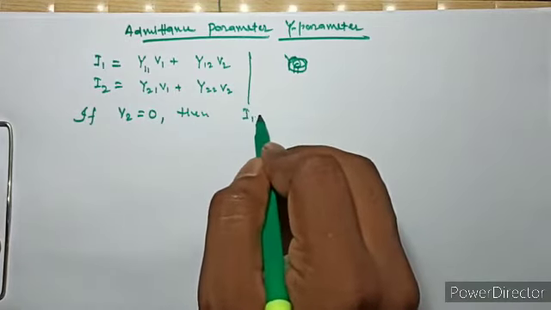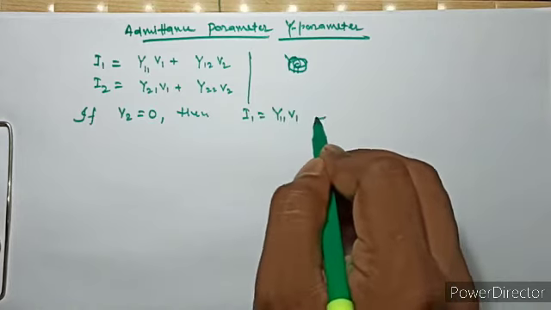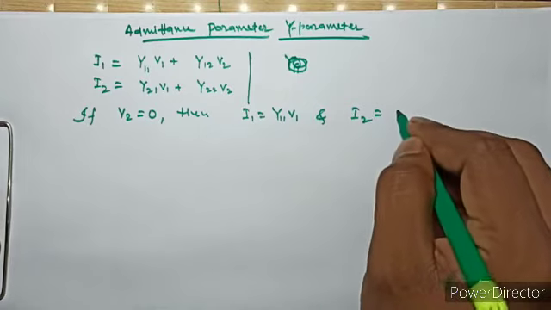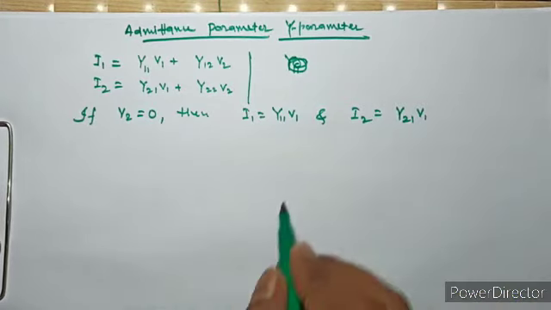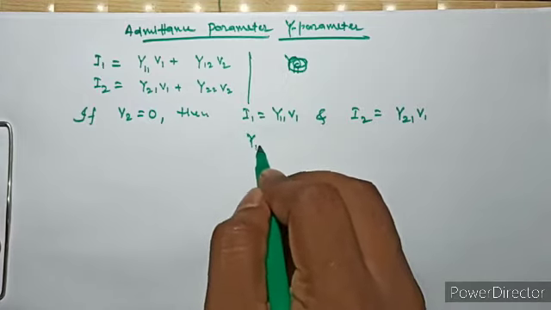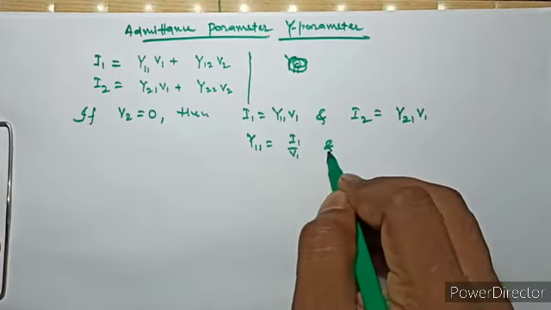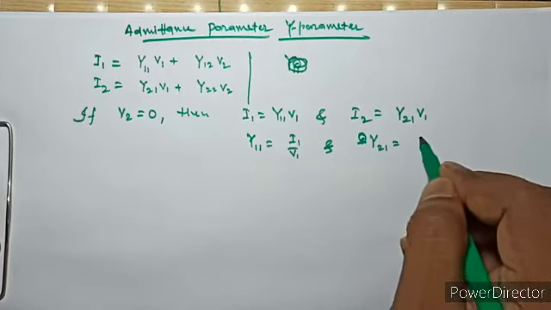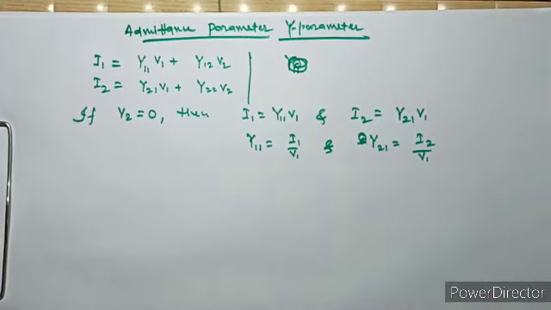Then I1 will be Y11 V1 and I2 will be Y21 V1, isn't it? From here Y11 will be I1 by V1 and Y21 will be I2 by V1. Clear?